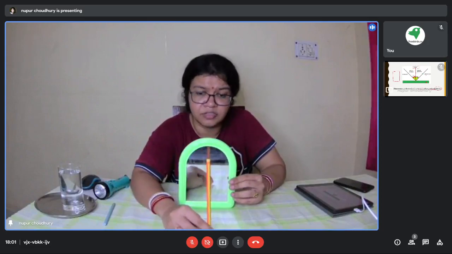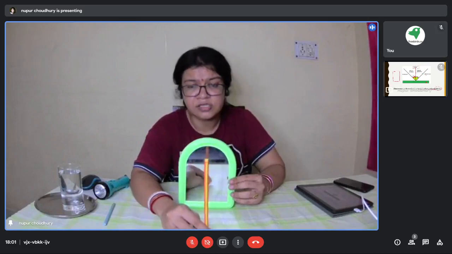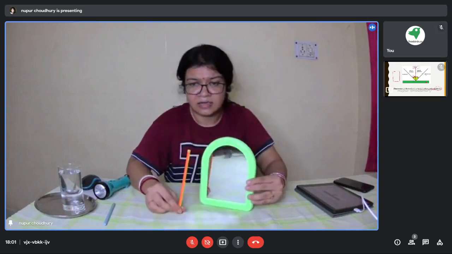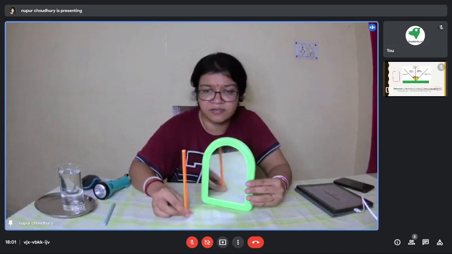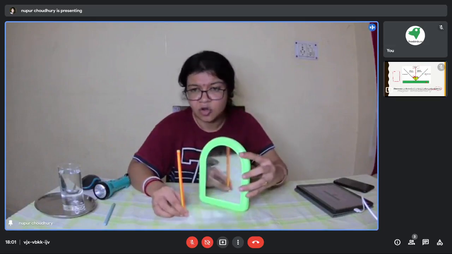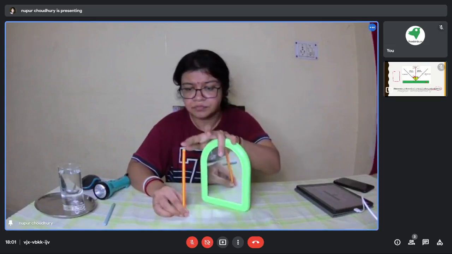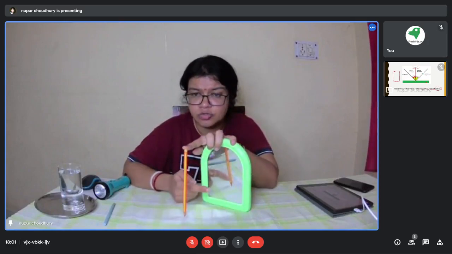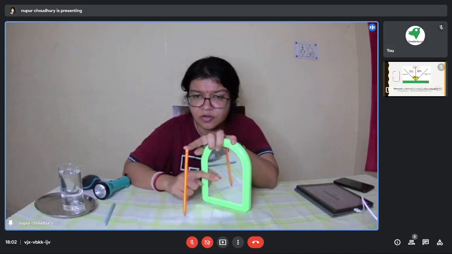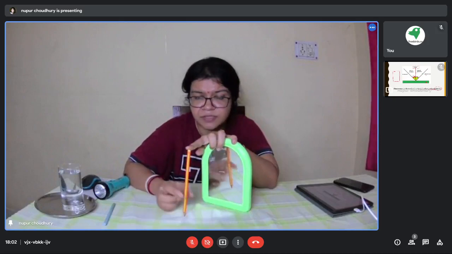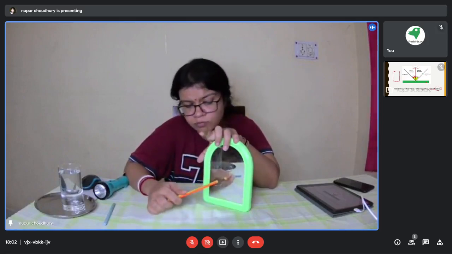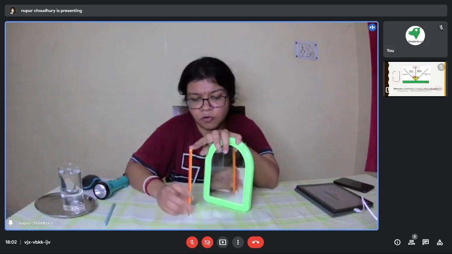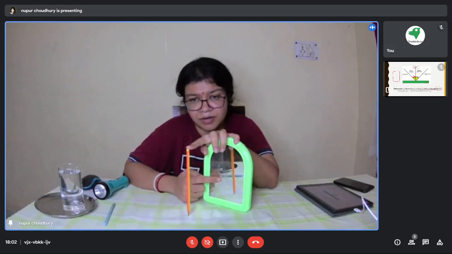Now what happens actually? Light which is emitted, I'll make an angle so that it is easier for you to see, is incident from this pencil on this surface and is reflected back to the same medium, and we can see the image formed in this mirror.